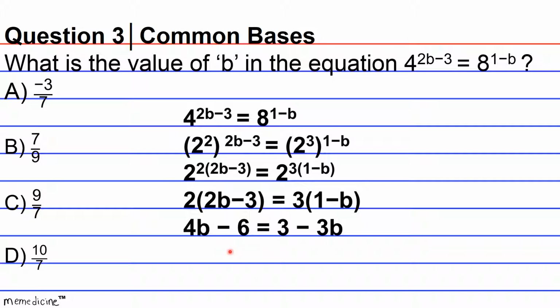When we add 6 to the right-hand side, the 6's cancel out, and we're left with 9 on the right-hand side. Now, in an effort to solve for b, we divide both sides of the equation by 7, and we get that b is equivalent to 9 over 7. Hence, answer choice C, 9 over 7, is the correct answer choice.